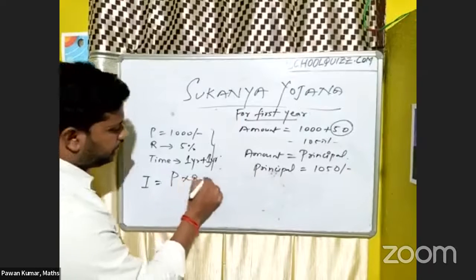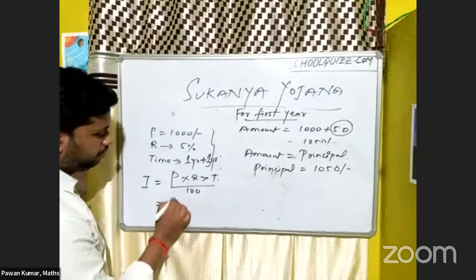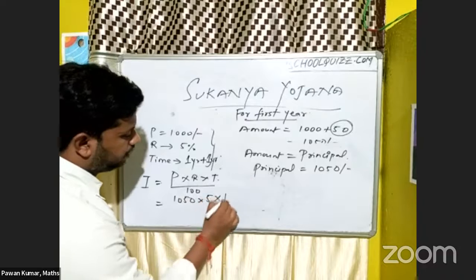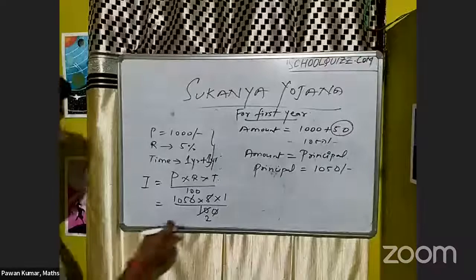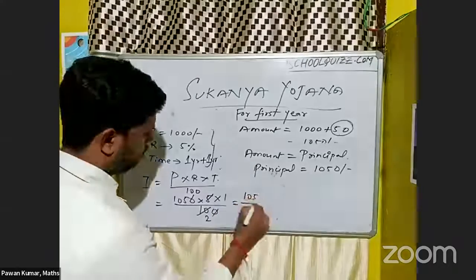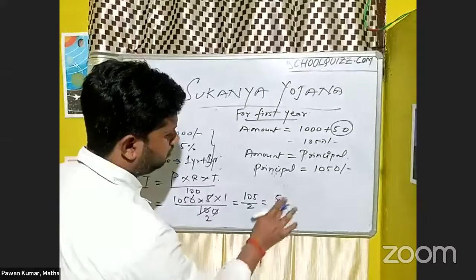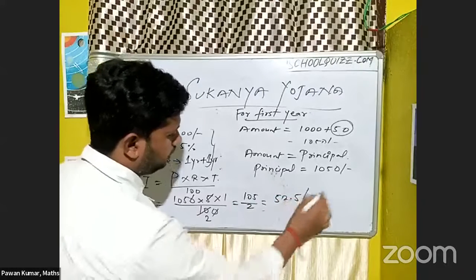So simply P into R into T by 100. P will be 1050 rupees into rate 5 into time 1 by 100. This will cancel here, 5 2s are 10, correct? If I cancel 105 by 2, how much can I get? 52.5 rupees, correct?